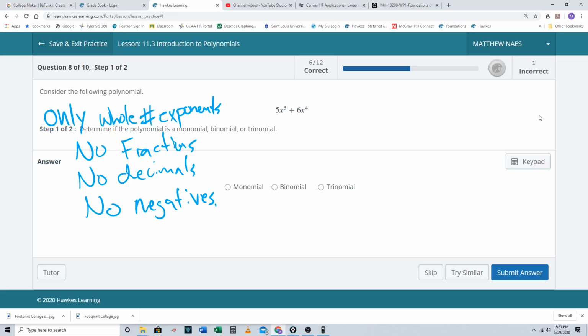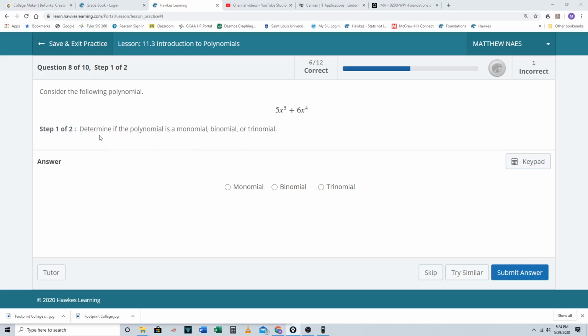All right, the last set of questions are going to be two-parter questions. There's 3 of them. Determine if it's a monomial, binomial, or trinomial. Now, the "nomial" means number of terms, and those are separated by plus and minus signs.